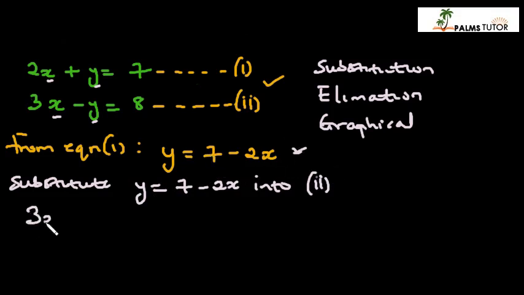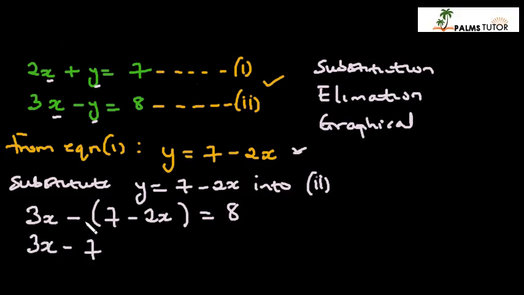So we have 3x minus, bracket 7 minus 2x, equals 8. Now we have to expand our bracket. I have 3x, minus multiplied by 7 is minus 7. Minus multiplied by minus is plus, then we have 2x equals 8.